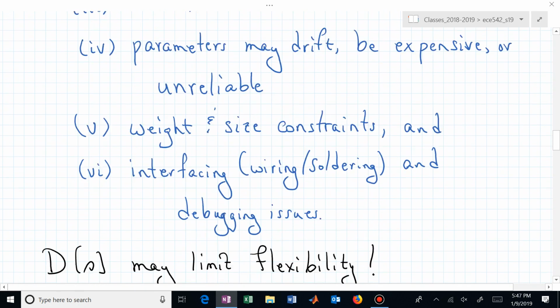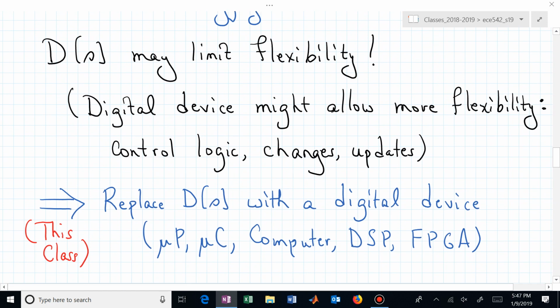So what we want to do in this class is talk about replacing that block with something else. We want to replace that D of S with a microprocessor, a microcontroller, a computer, a digital signal processor, an FPGA. That's what this class is concerned with.